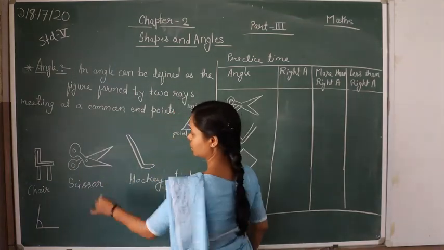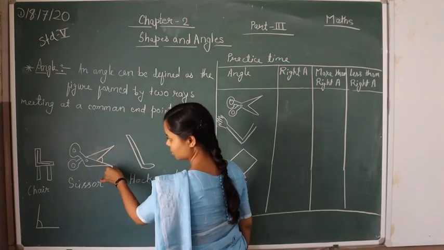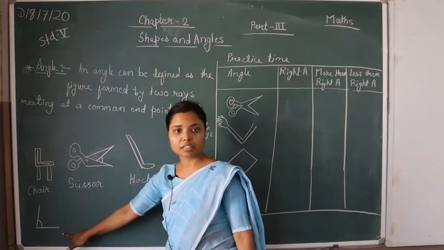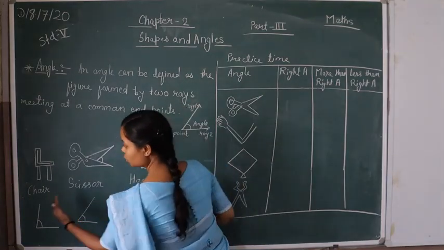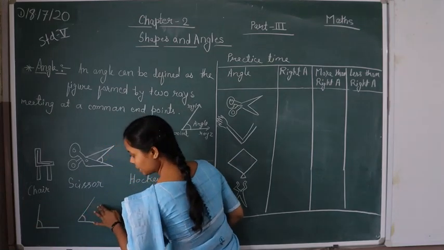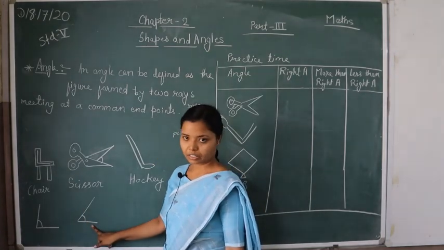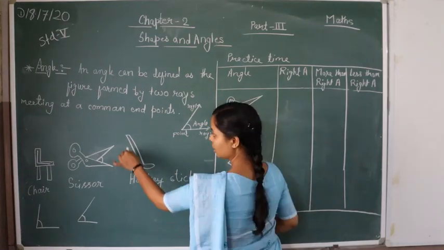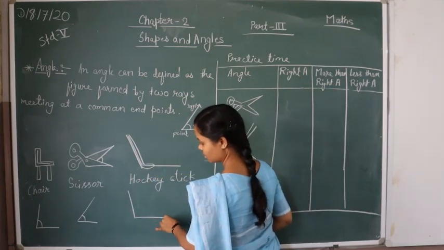Now come to the next figure and look here. Here is an angle which is less than a right angle. If I make this and this, and you pull this line to the right hand side, this is less than a right angle. Okay, now look at this. This is a hockey stick, and when we draw its figure, it looks like this.